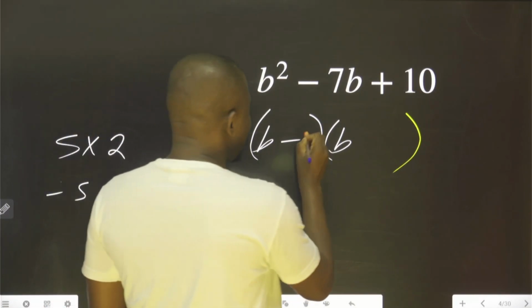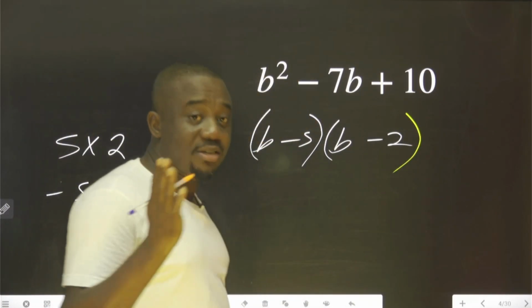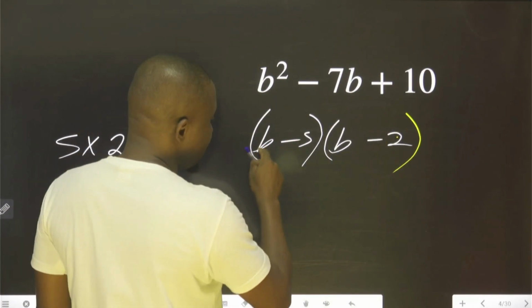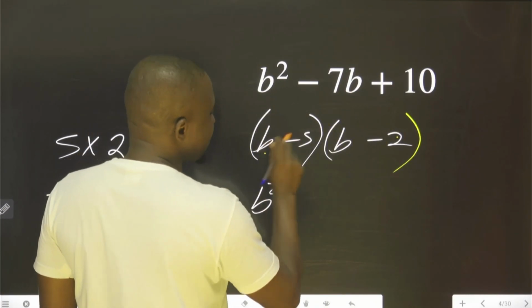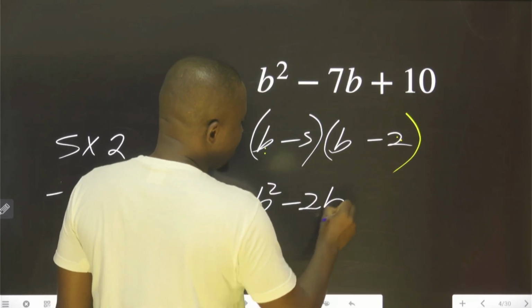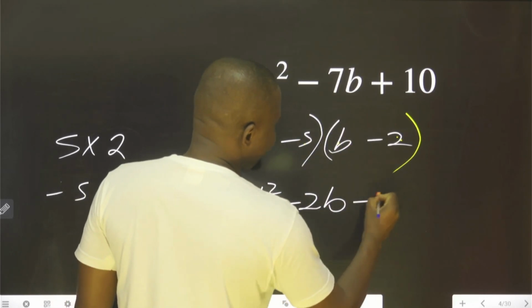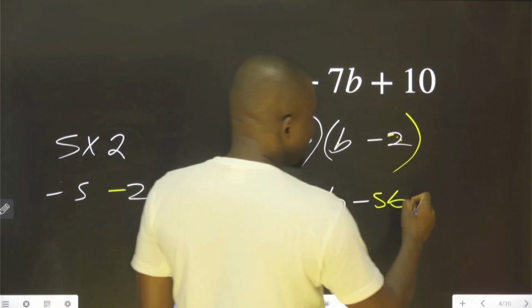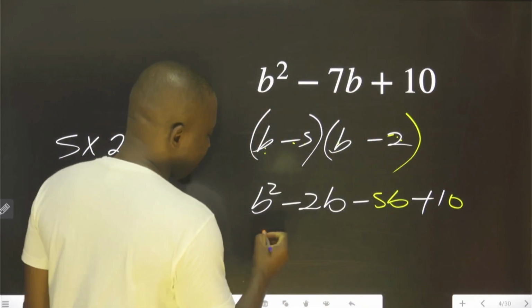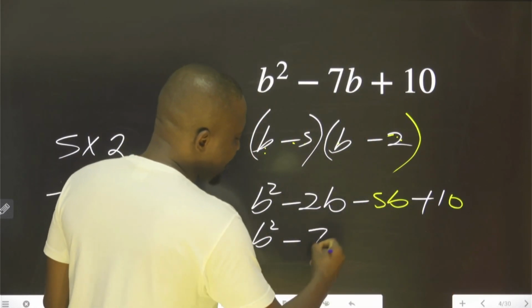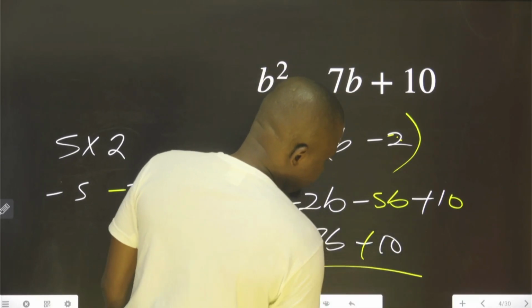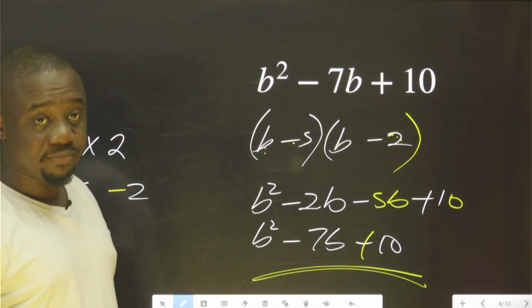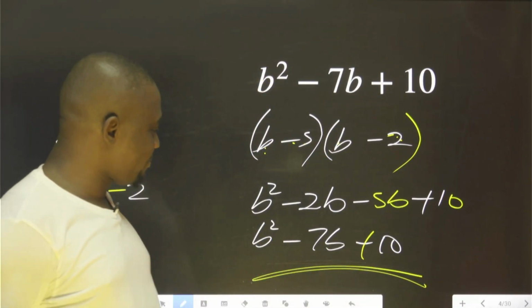So, minus 5 minus 2. That is all. Multiply: this multiplied by this is b square. This multiplied by this is minus 2b. This multiplied by this is minus 5b. This multiplied by this is plus 10. That is b square minus 7b plus 10. Same with this. Fast and direct.